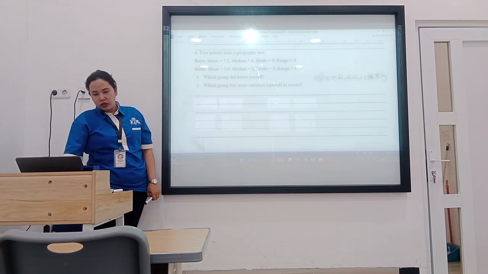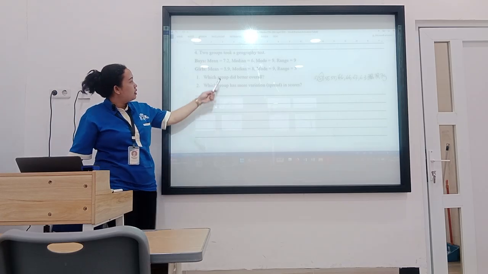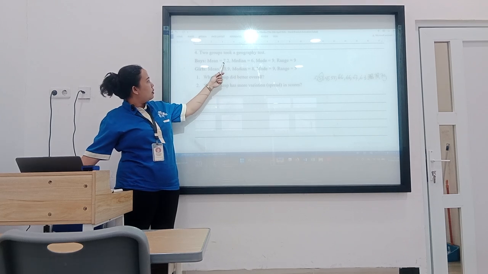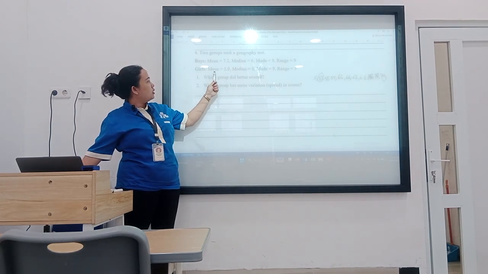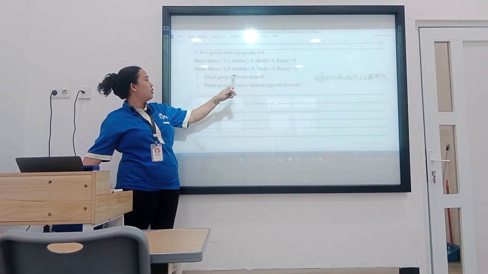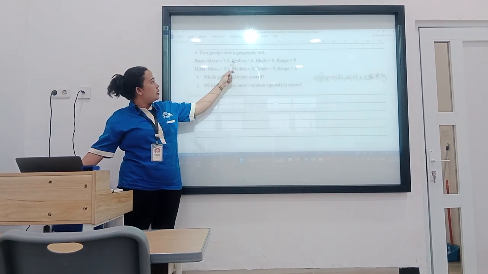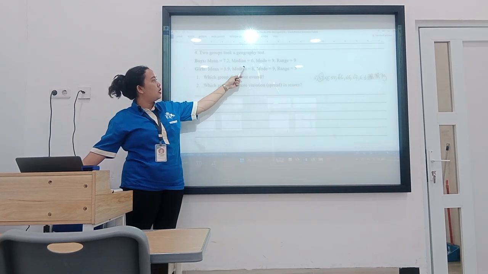Based on the median and mean that they have, we can see that the girls did better overall because the mean and median of the girls are higher than the mean and median of the boys.